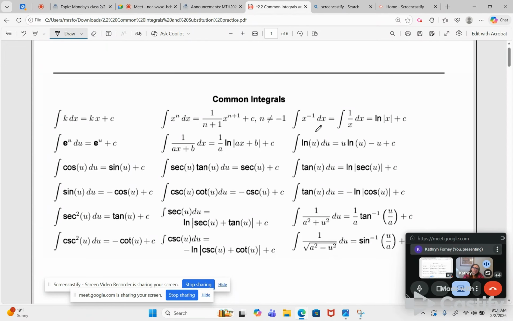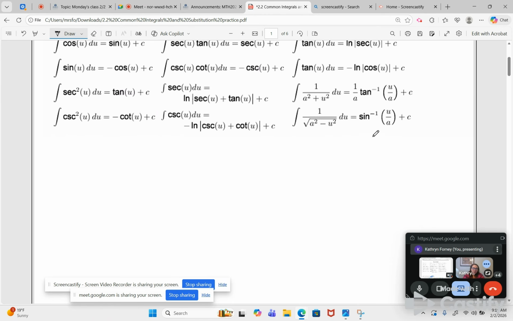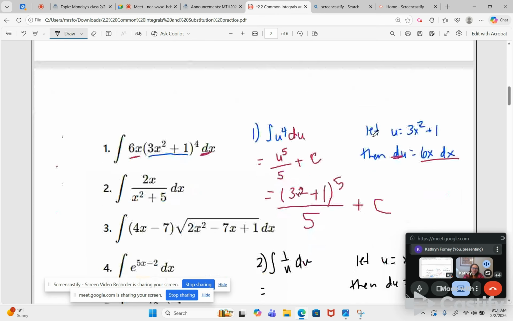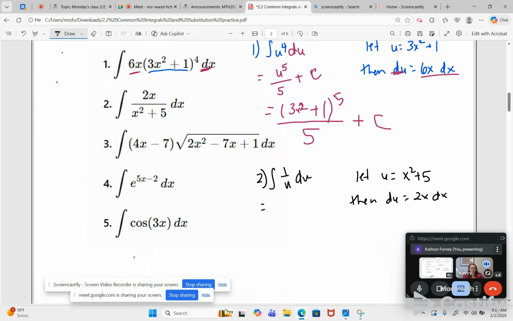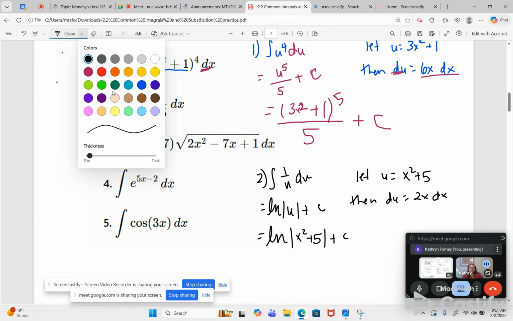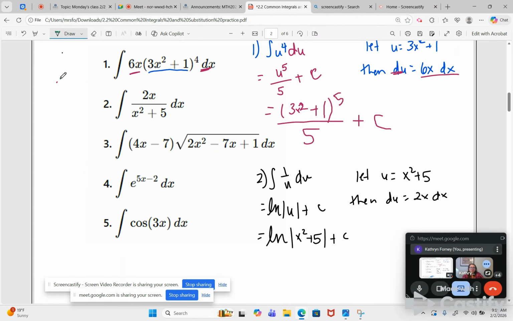So you would say the natural log of the absolute value of whatever your u is. So for number 2, this becomes the natural log of the absolute value of u plus c, and then you substitute u back into the problem. And so that is what you should have gotten for number 2.